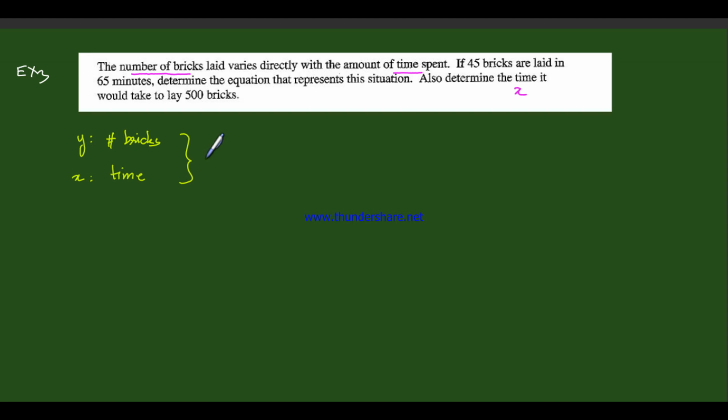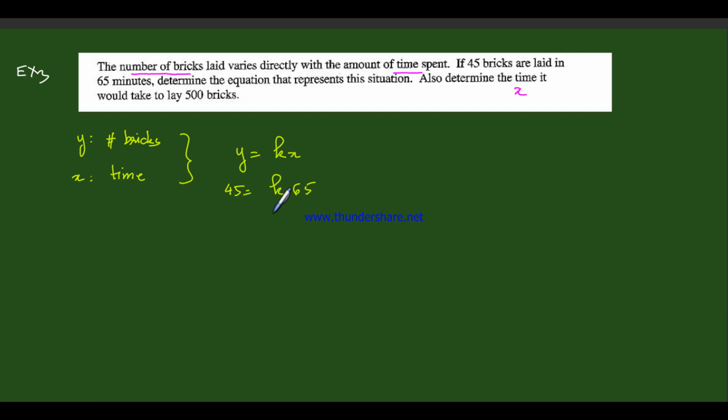So from here I can set up y equal to kx, and we need to get k to get the direct variation equation. So you have 45 equal k, x is 65 minutes. We can use minutes. If they ask you to determine the time in hours, then you have to change.